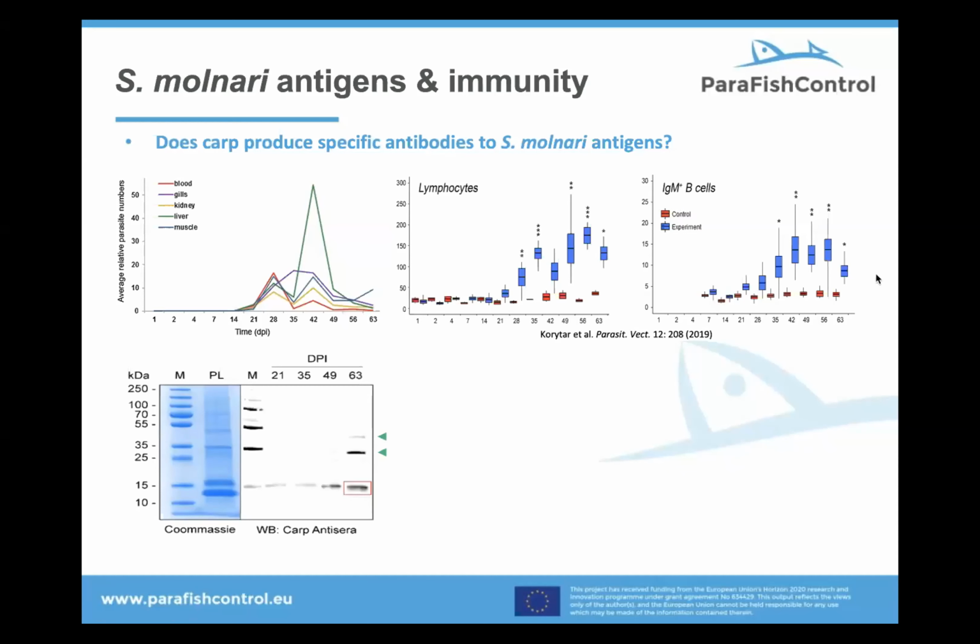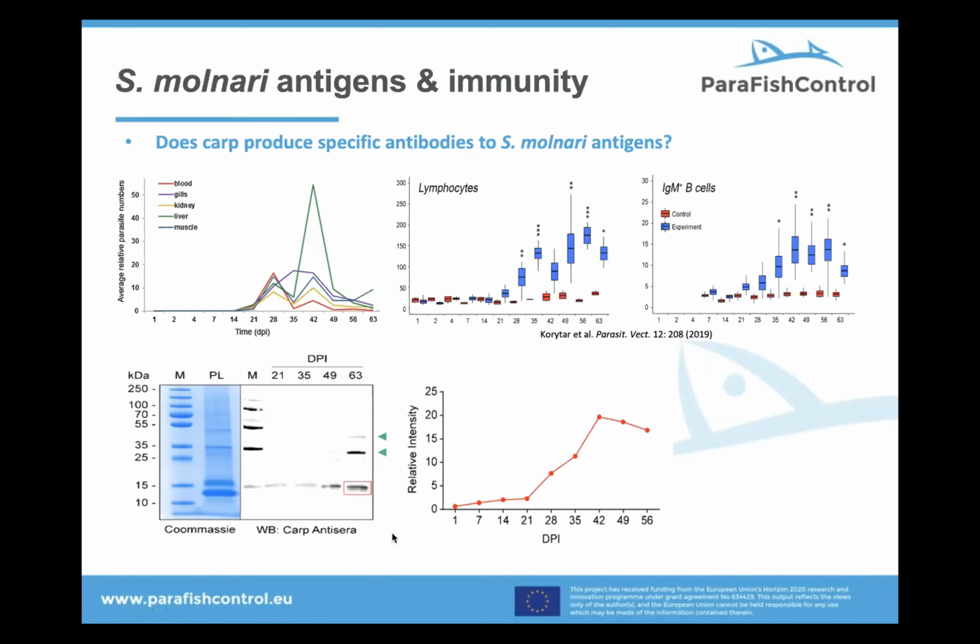In fact, when we run parasite protein extracts on a protein gel and probe with sera from different days of infection, the sera recognize certain proteins of the parasite. This one down here, about 15 or 16 kilodalton, is one of our major interests. Later in the infection we don't find just one, we find several proteins, and this one actually disappears at an even later stage.